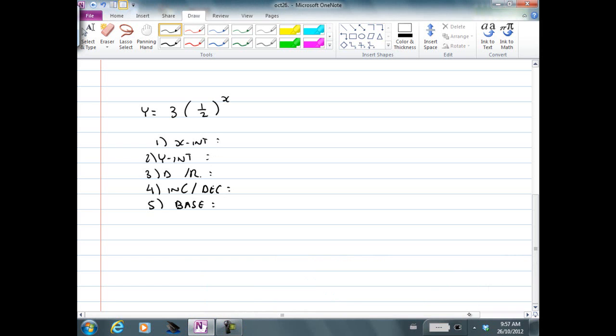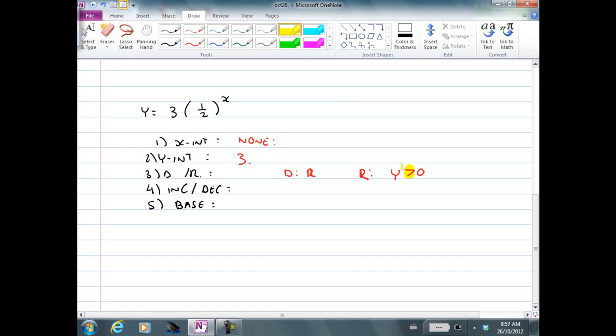Harjaz, what's your x-intercept? None. Okay. Taryn, what's your y-intercept? 3 is correct. Ender, domain. All reals is correct. Range, Mario, range. This is a bit of a tricky one. Good. Yes. Now notice Mario says greater than 0. There's no equal sign because it will never touch 0.